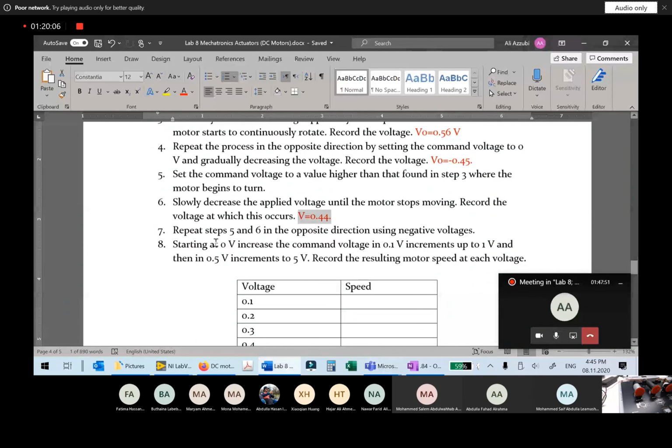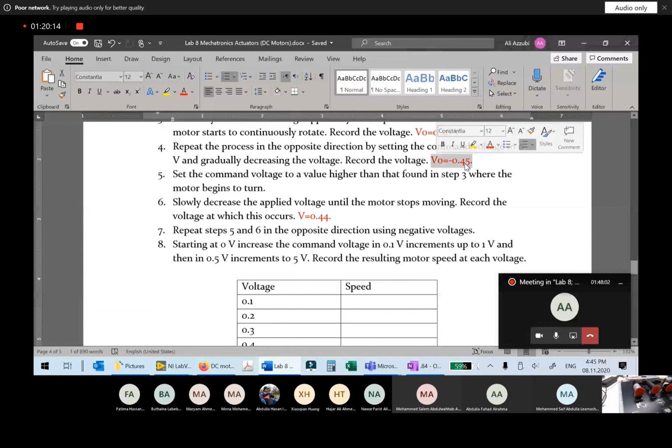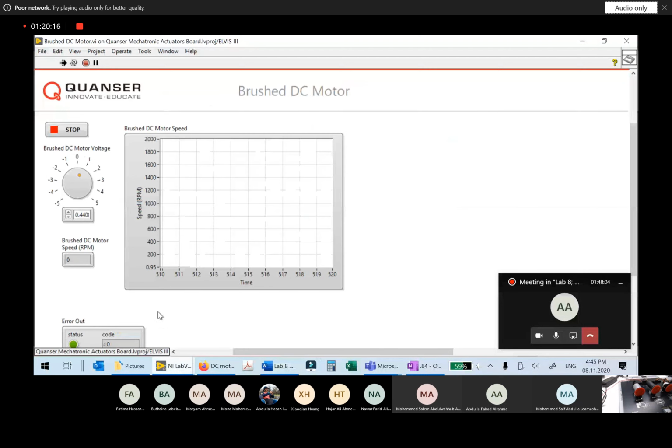Now it says repeat these steps, but from negative voltages. We said we have the negative voltage to start moving, 0.45. So I have to go less than this. Let's go -1. All right, the motor is rotating the opposite way. Now we have an observation here that this RPM doesn't give me positive or negative, it's just absolute RPM.